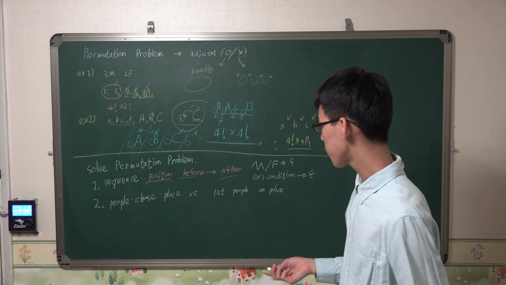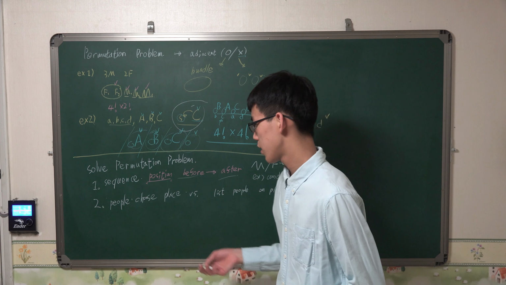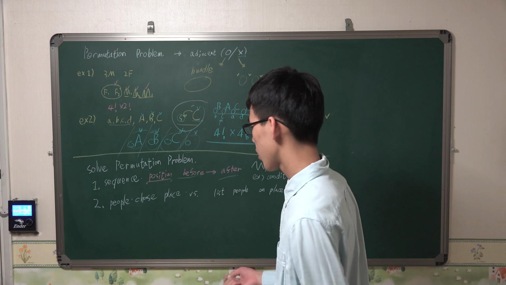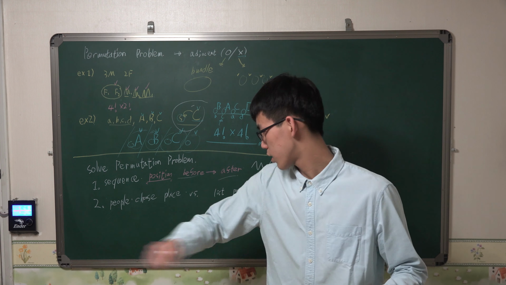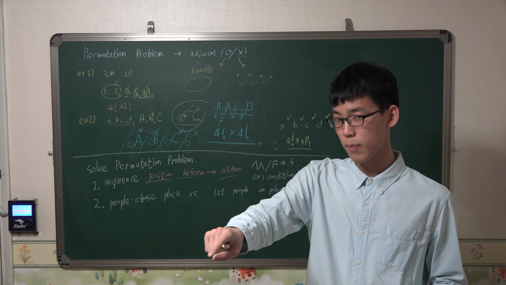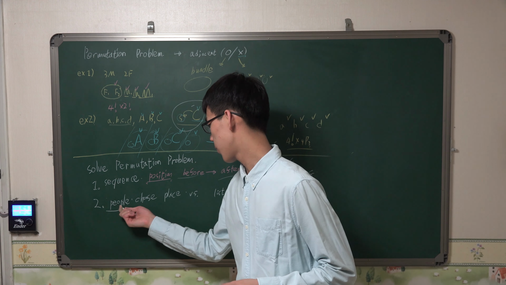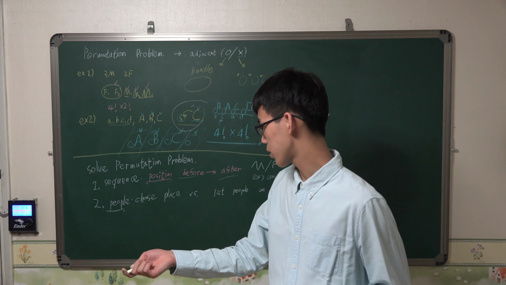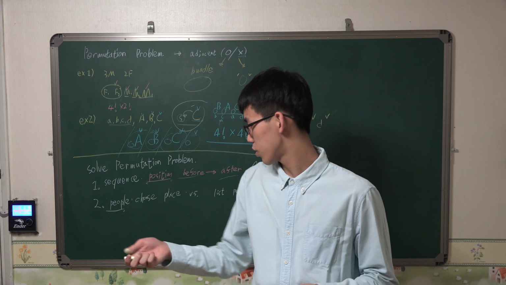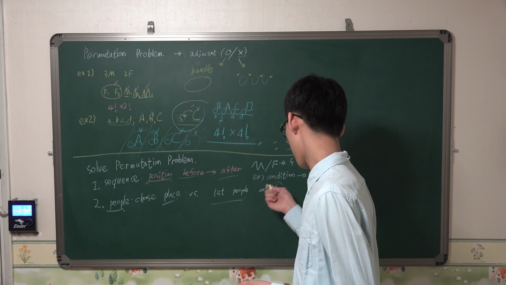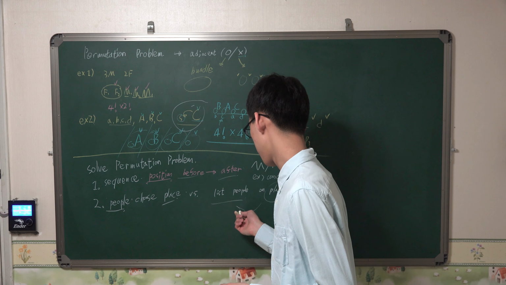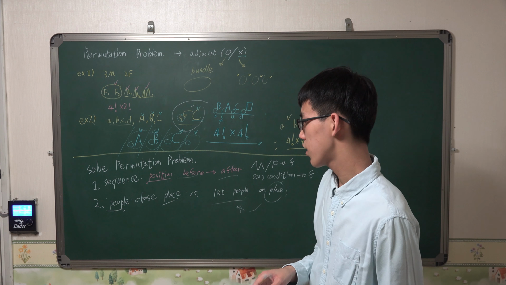It looks the same, but it's different. If you list it, you think about people first, and then they choose the seat. Or you list people on seats: think about the place first, and then think about people.